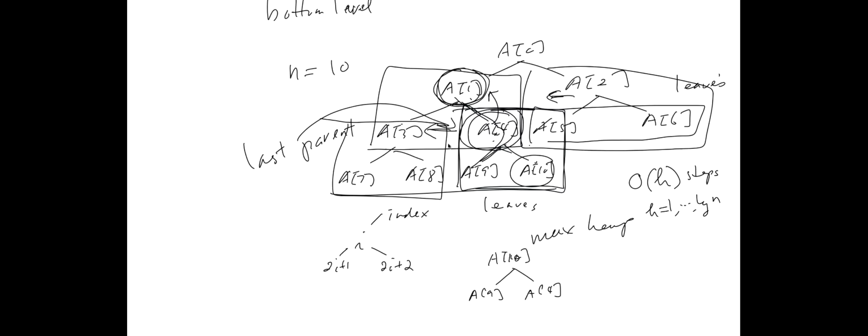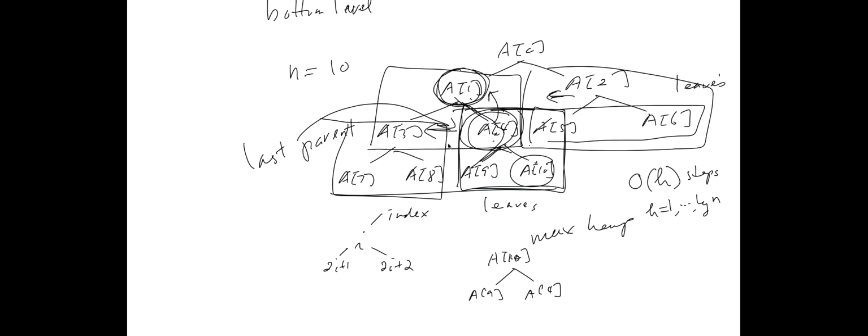All right, so that means to build a heap, we have n nodes, and starting from the last parent, we have approximately n divided by 2 internal nodes.